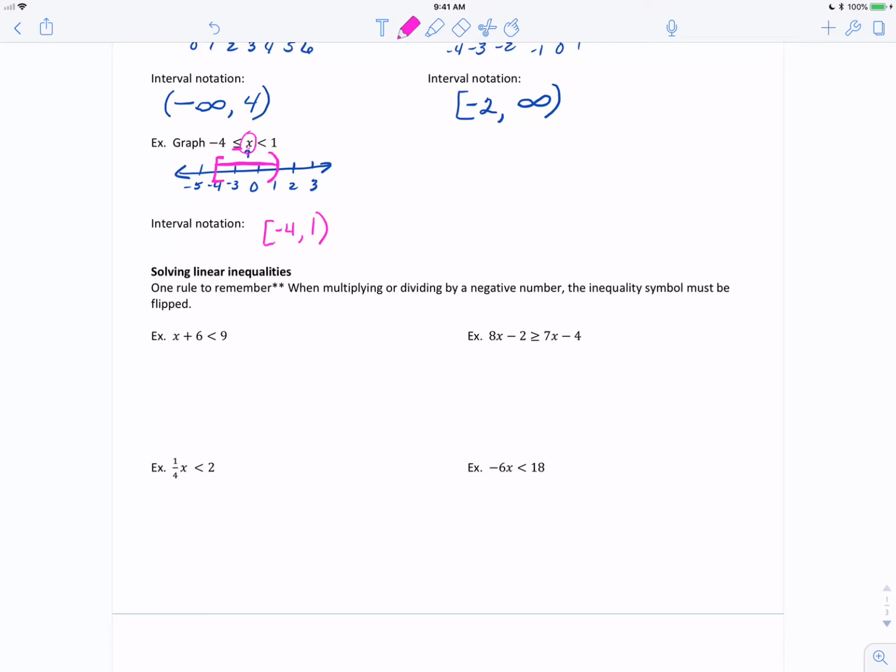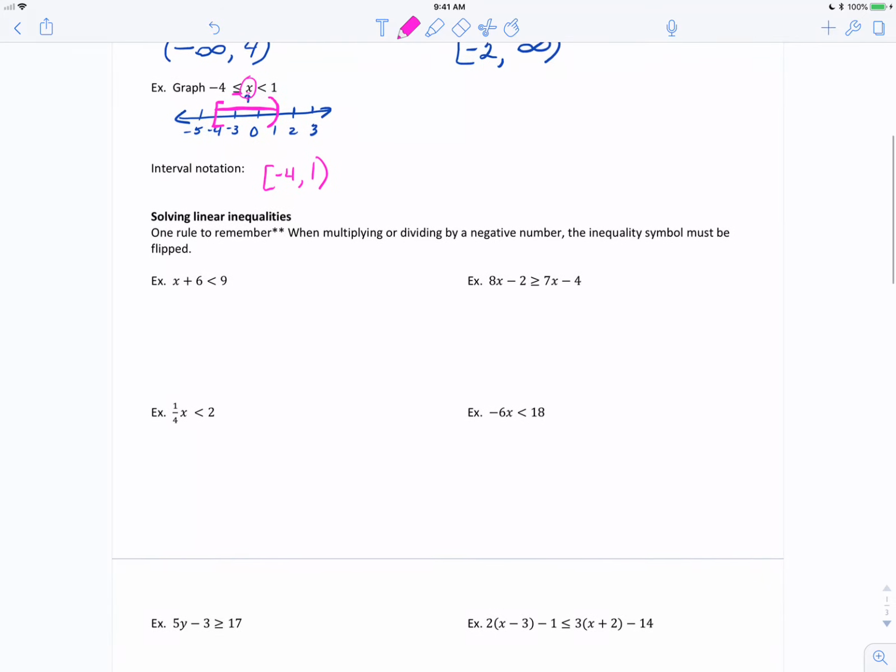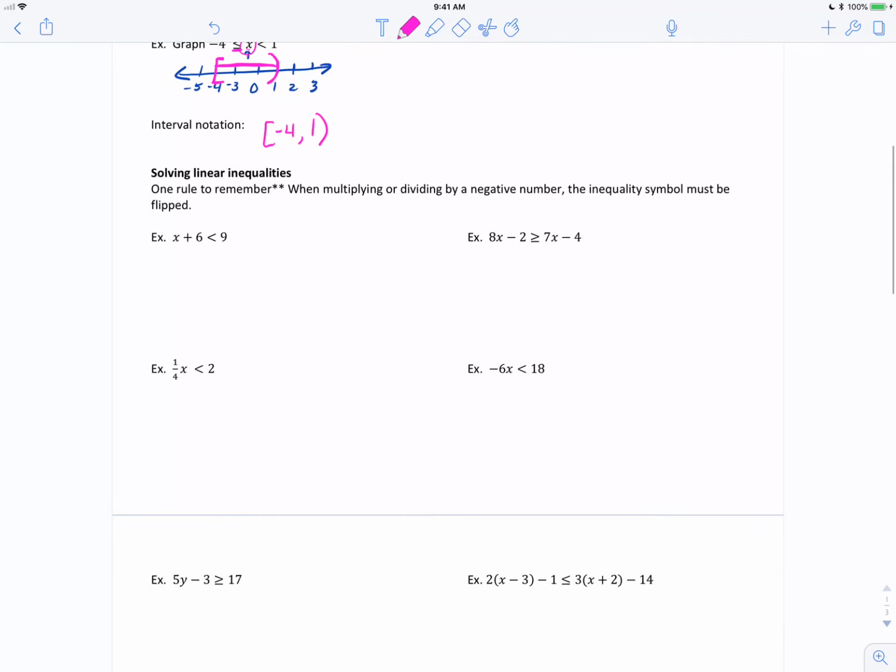All right, so now those were easy because we didn't have to do anything beforehand. That was just practicing our graphing, but now we're actually going to have to solve them first. Well, there is one rule that you need to remember whenever we are solving linear inequalities. And that is when you multiply or divide by a negative number. If I'm going to multiply or divide both sides by a negative number, then we've got to switch that inequality symbol.